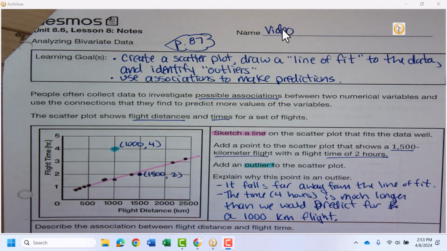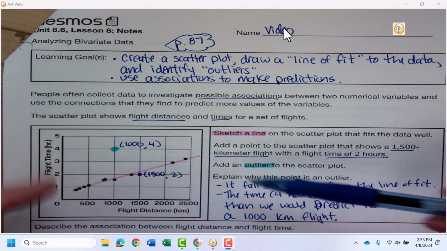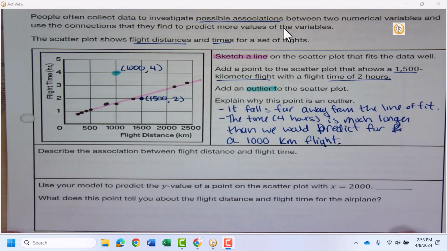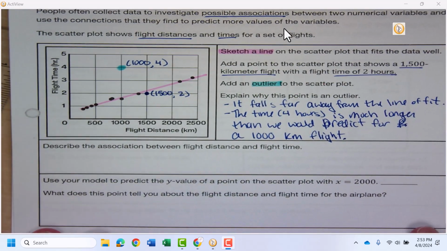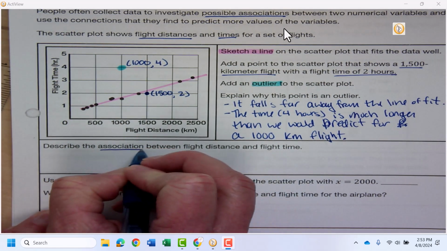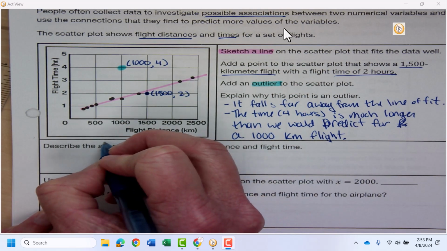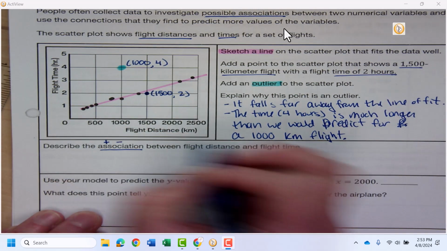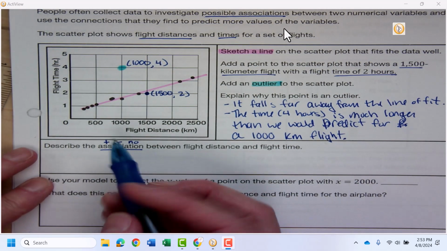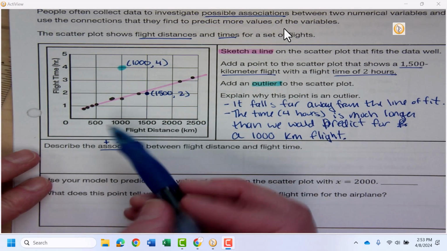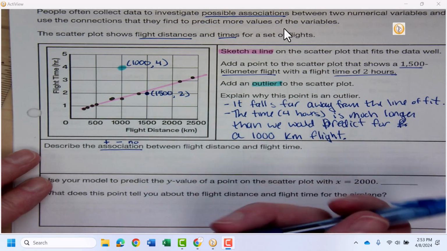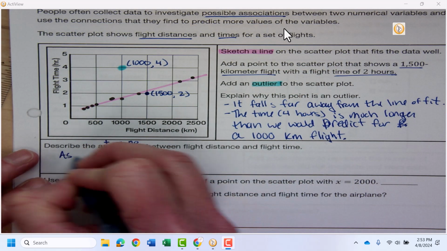So we've already got a lot of information that we can talk about as we analyze this data. Let's move on. You're asked to describe the association between flight distance and flight time. And when we're describing associations, we're talking about positive associations, negative associations, or no association at all. What I'm noticing is that as the flight distance increases, the flight time also increases. So it's got a positive association.